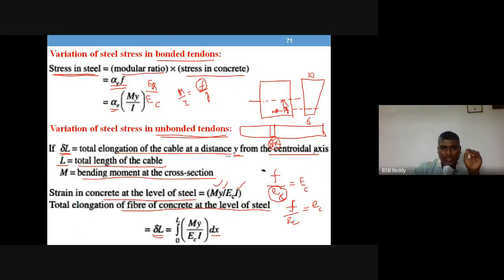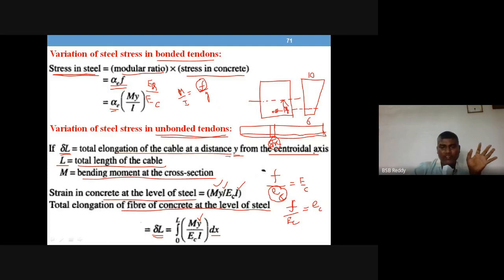You see, Y is constant. Y, in the sense of the distance of the layer of concrete at the level of steel from the CG, is the same throughout the length of the beam. Y is the same.